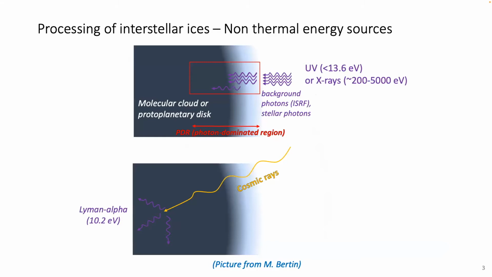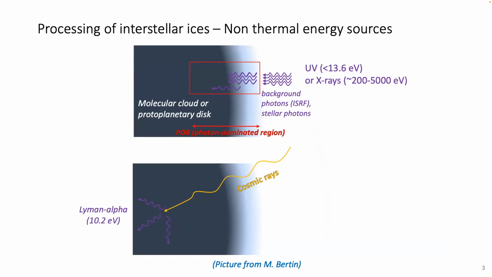So what are the non-thermal energy sources in the interstellar medium? You can have photons, so either UV photons or X-ray photons. These photons can come from the background, typically the interstellar radiation field, or directly from the star.